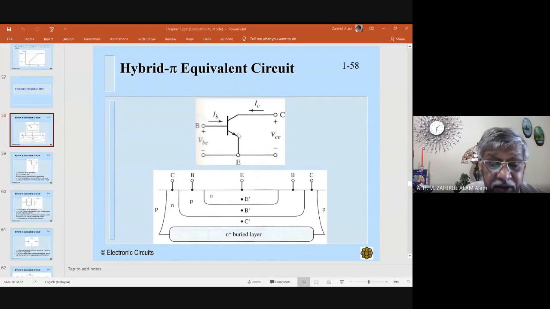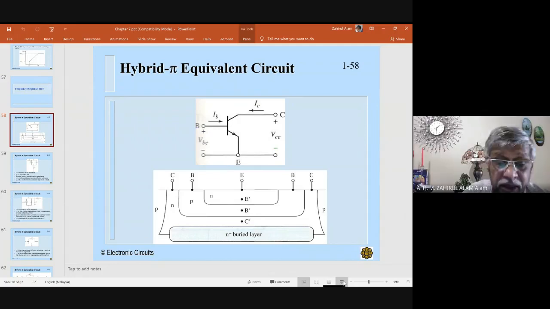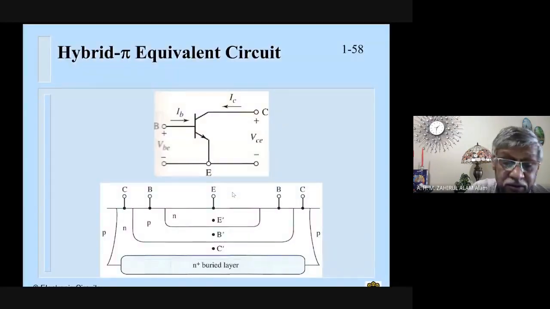So this is the transistor. In our last class, we mentioned there is an external connection, and also an internal connection.